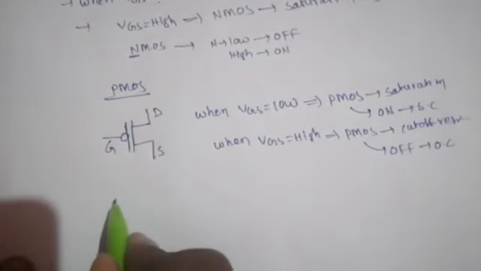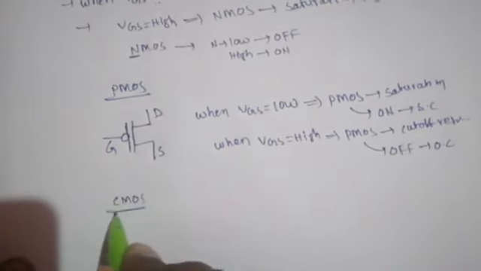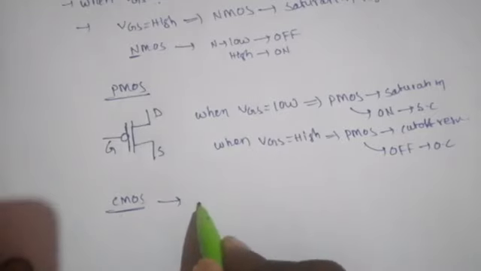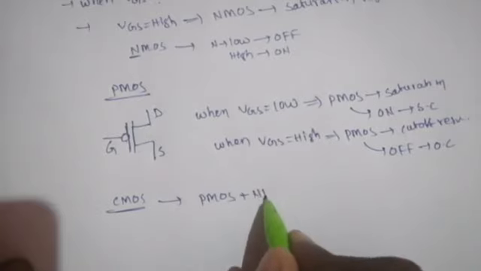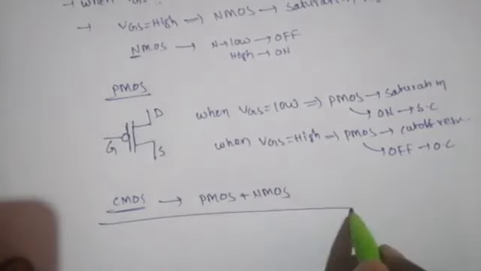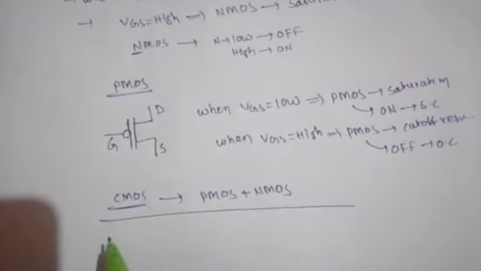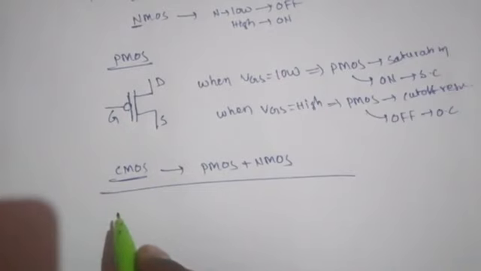Now CMOS is the combination of PMOS as well as NMOS. In this video we will discuss how to draw NMOS circuits, PMOS circuits as well as CMOS circuits.